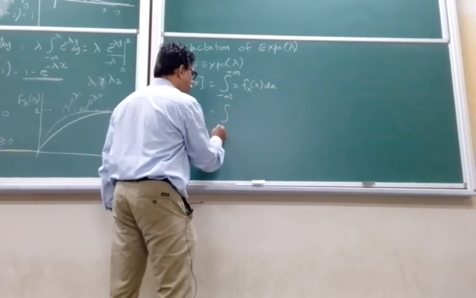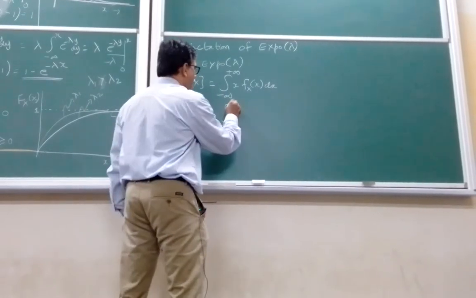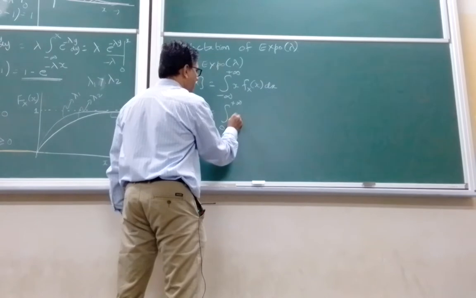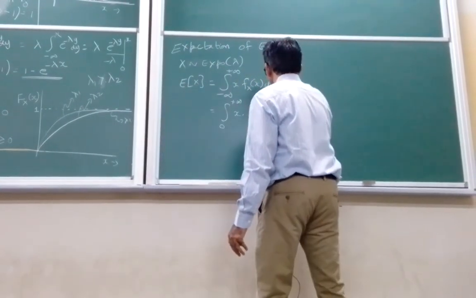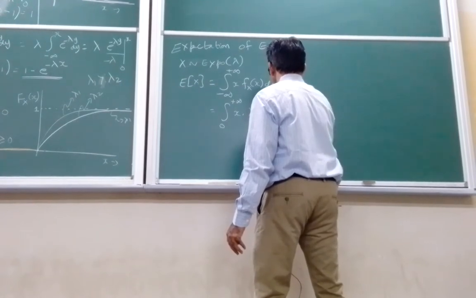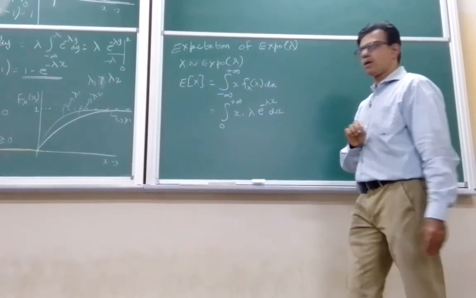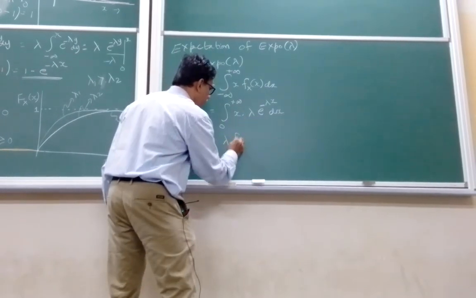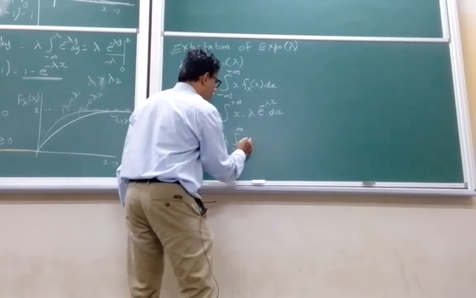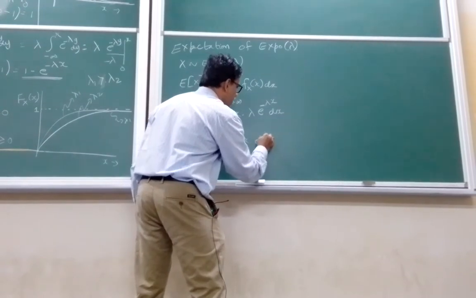So the integral you can start from 0 to plus infinity of x into lambda e power of minus lambda x dx. So we will take lambda outside: lambda times the integral from 0 to infinity of x into e power of minus lambda x dx.